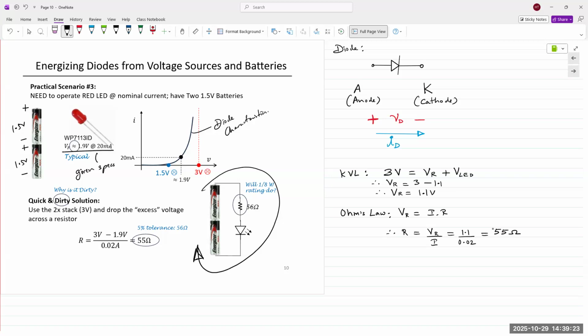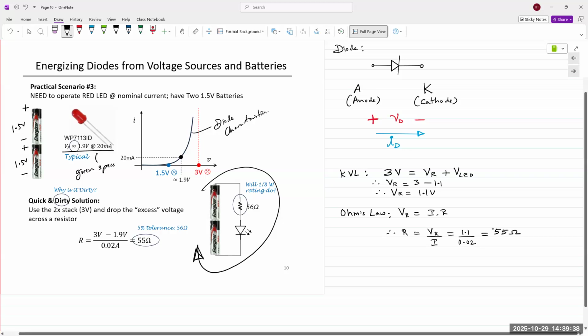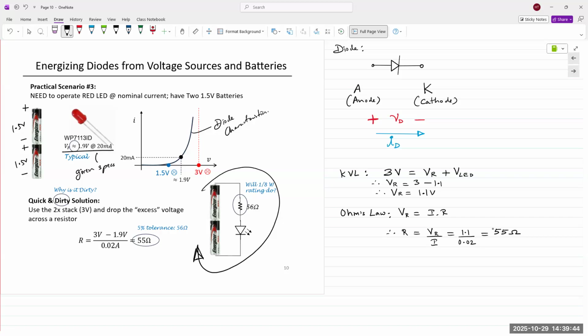Let's take a pause. Yes. Where? In the middle of the actual value. Oh, that one is 1.1. Yes, that's the voltage value.